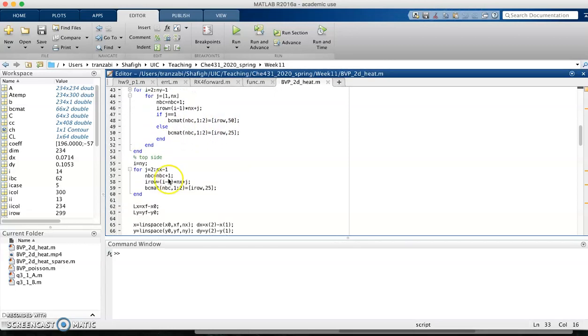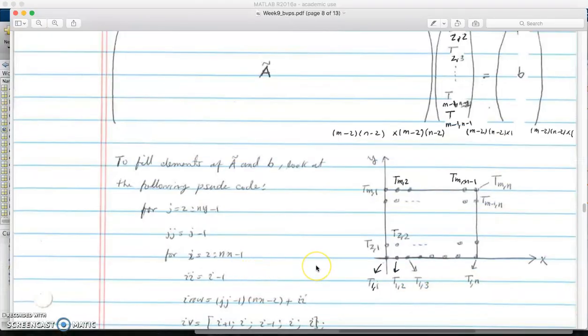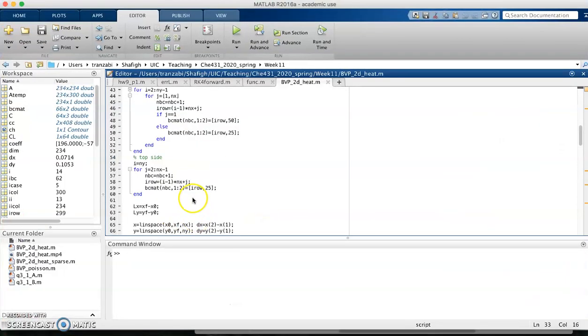Like in the top side, I think the way I index these points, I go right, so I go along the column first. So my indexing goes like this: 1, 2, 3, 4, 5 all the way to m, and then m plus 1 all the way to 2m, and then 2m plus 1 all the way to 3m, and so forth. So basically I go column wise from left to right, and that's why here when j is 1, the index is exactly equal to the number of row.